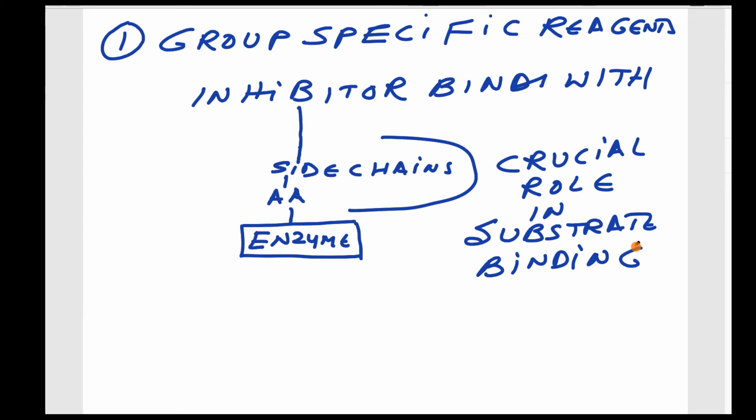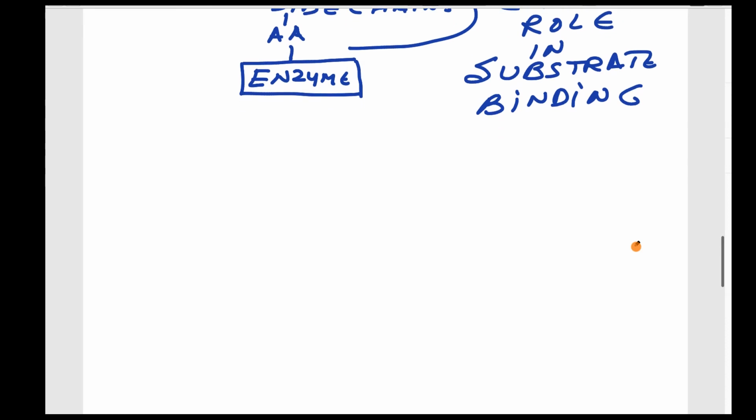The inhibitor binds the enzyme at the site of the amino acids, those side chains, which play a very crucial role at the site of substrate binding or catalysis. So that is group specific reagents.